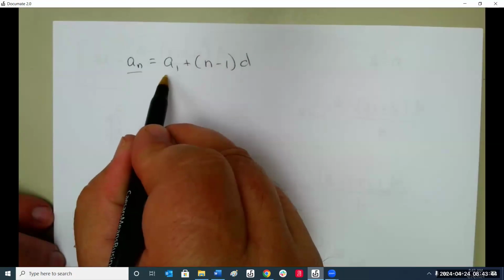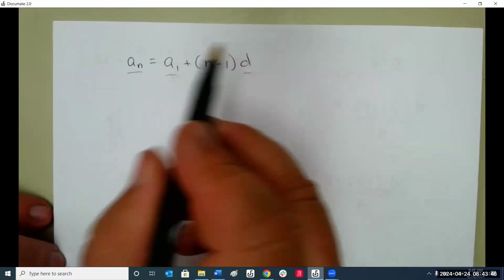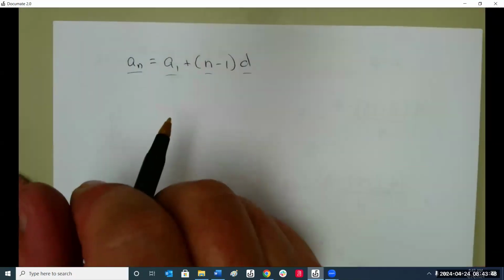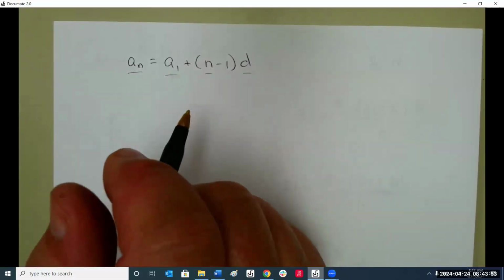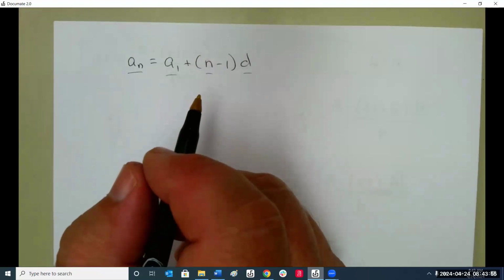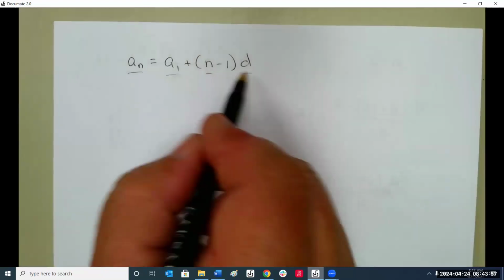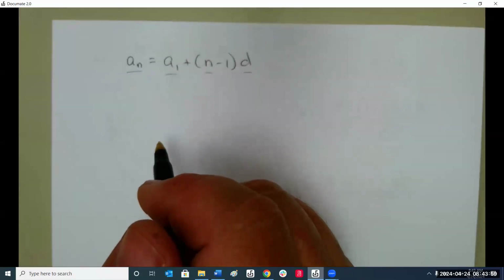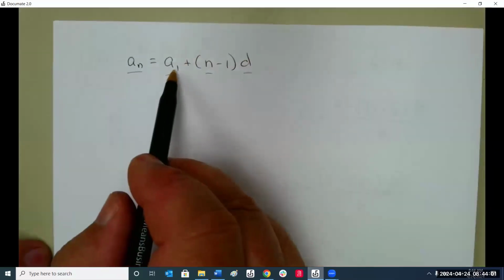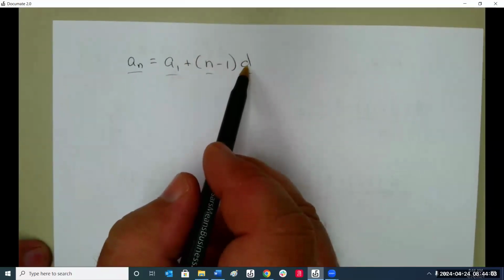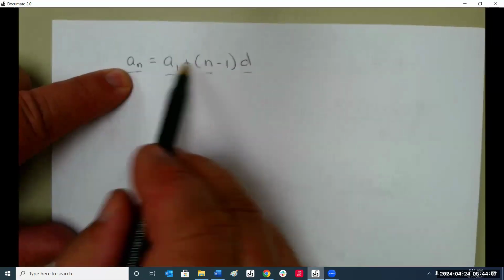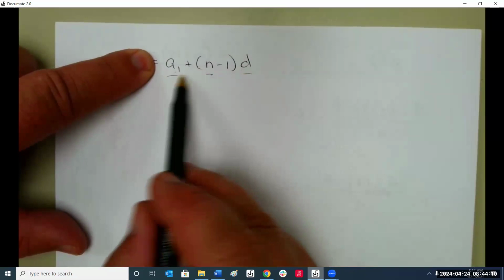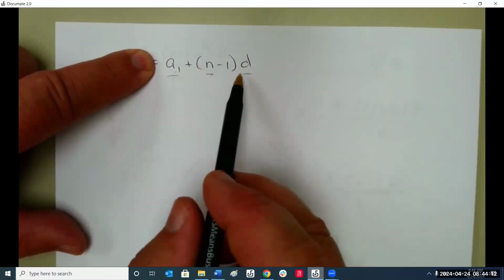This is a variable, this, and this, because we don't know what those are. But in order to solve this, we have to have no more than one unknown. So we'd have to have 3 of these defined. Or if we have the sequence, we can find this and we can find this, and n is given to us. Because really, this one here is a resultant of this one. So really we have three variables.